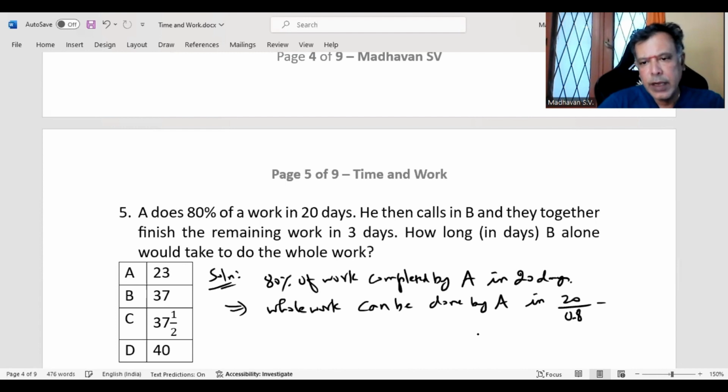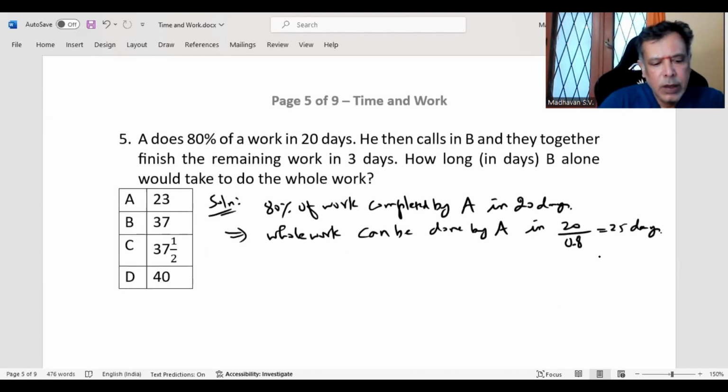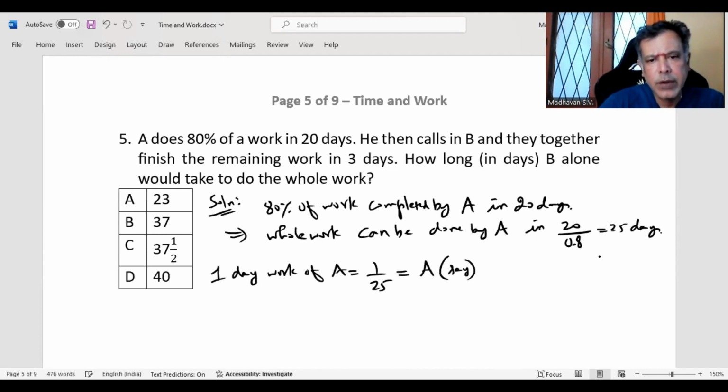If we calculate, we get 25 days. Right. So that means 1 day work of A is equal to 1 by 25. Let me call the 1 day work of A as A.